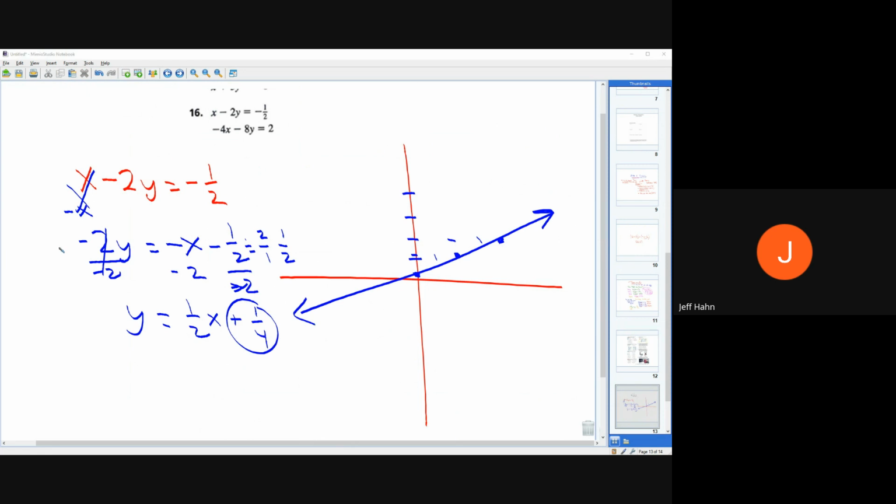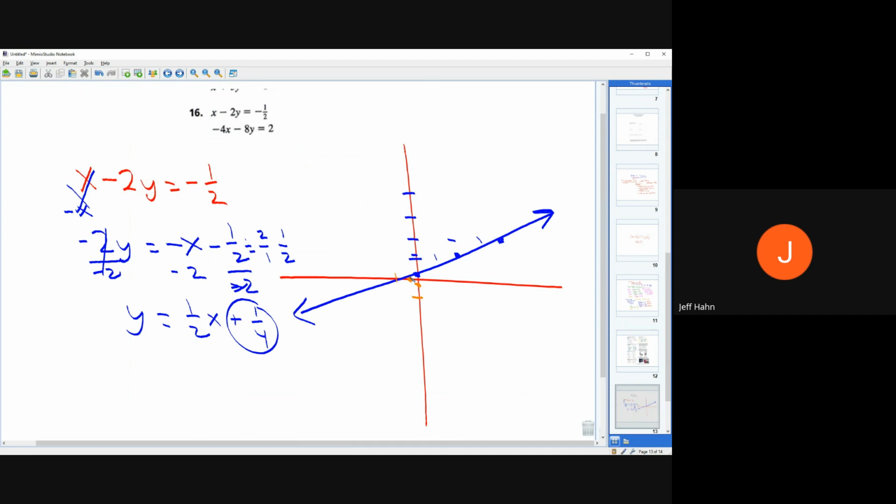The other line, I guess I'll solve in standard form. It crosses the y-axis at 2 divided by 8, which is negative 1/4, which is right here. I don't like that. And it crosses the x-axis at 2 divided by 4, negative 1/2, which looks like it's right here.